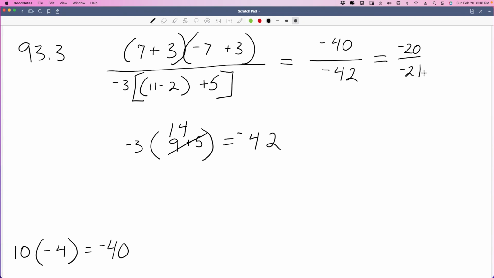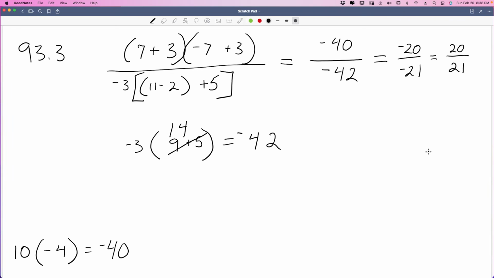And the only factors here are negative 3 and positive 7 or vice versa. But this is a negative and this is a negative. So the only thing I can do now is change this to a positive. And this becomes 20 over 21. And that is as far as I can reduce that answer.